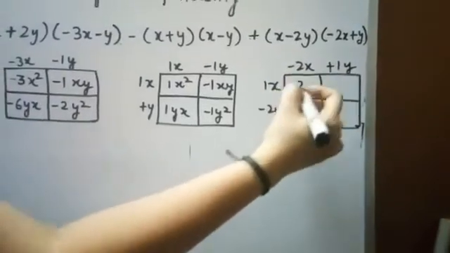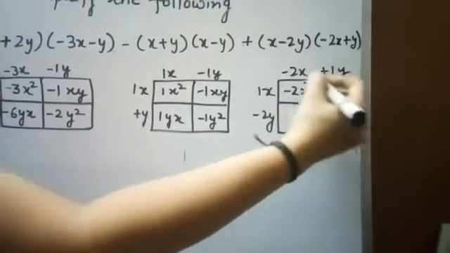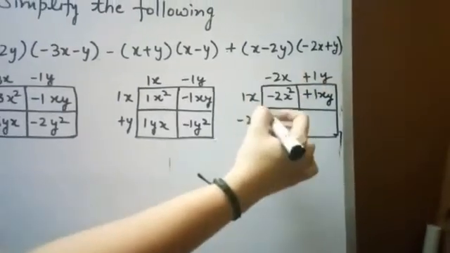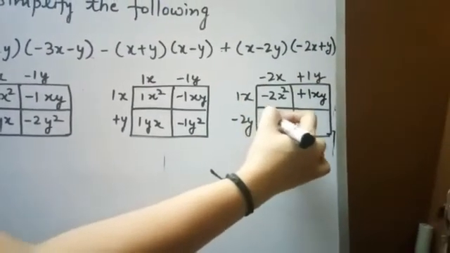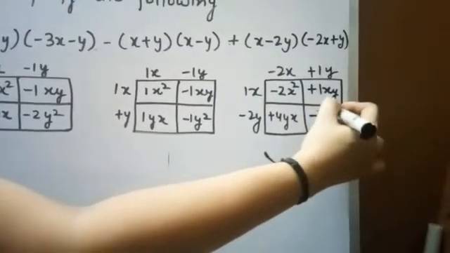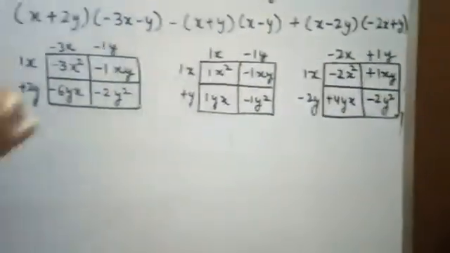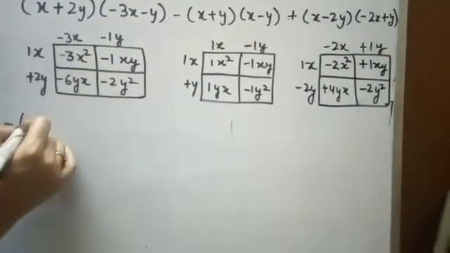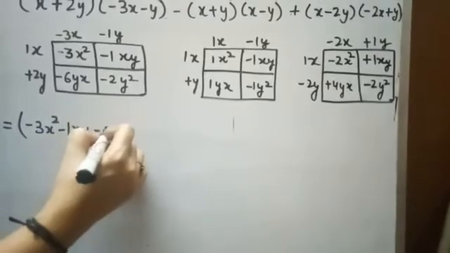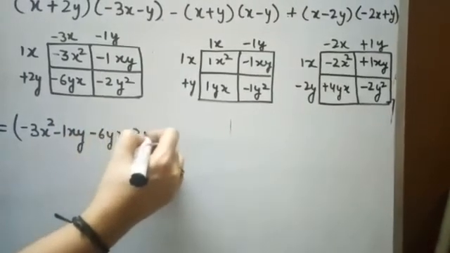Minus 1 into 2, minus 2x square; plus 1xy; minus 2y; minus 2x; plus 4yx; and it is minus 1 into 2, minus 2y square. Now I am going to keep the terms in brackets. Minus 3x square minus 1xy minus 6yx minus 2y square.